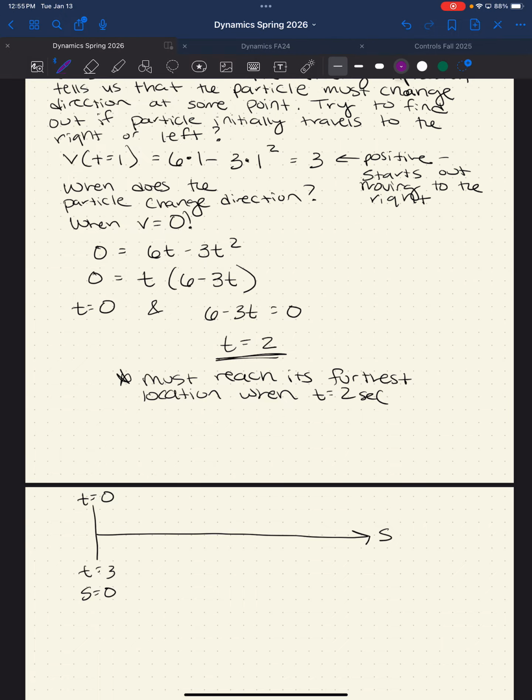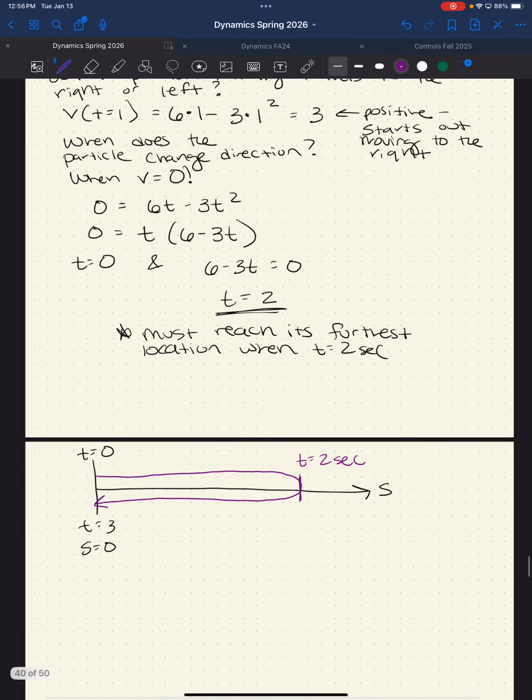We know that this particle goes out to the right, and somewhere in there it turns around and comes back. And this happens at t equals 2 seconds. But now I need to find out that position so I can find my total distance traveled. So our next question becomes, what is the position when t equals 2 seconds?